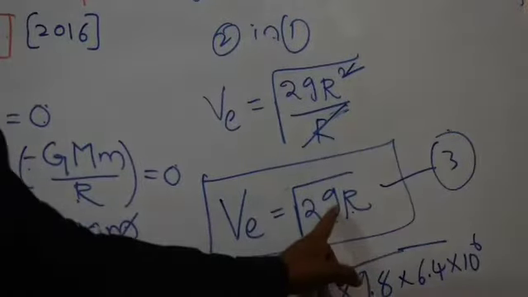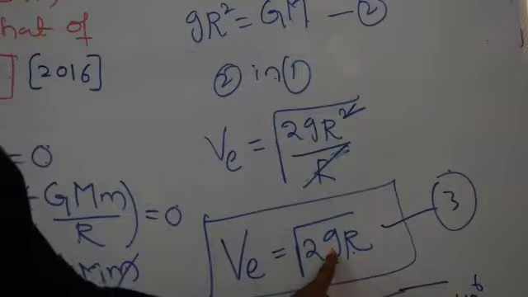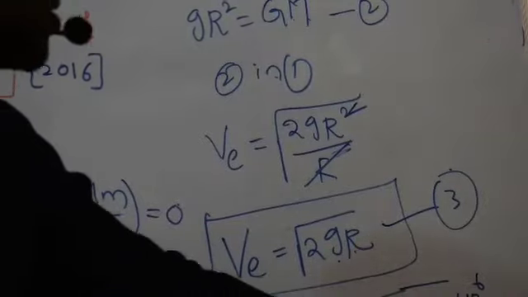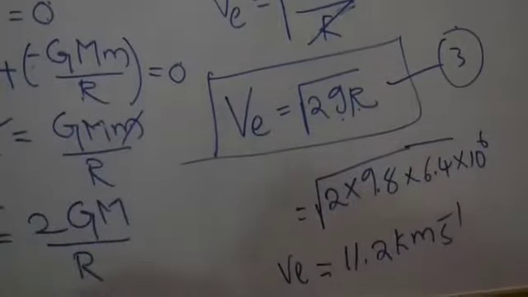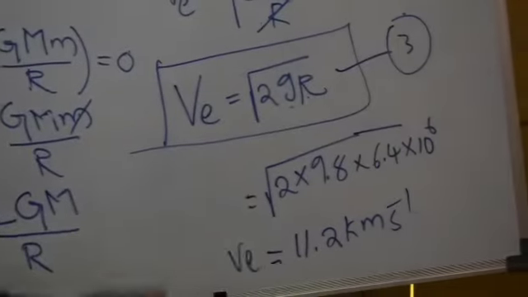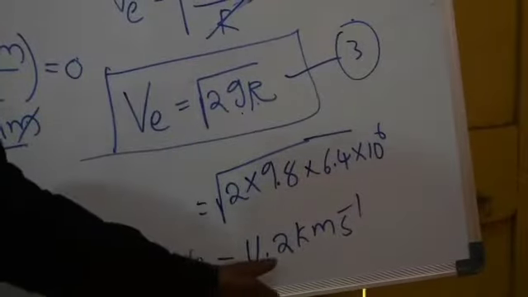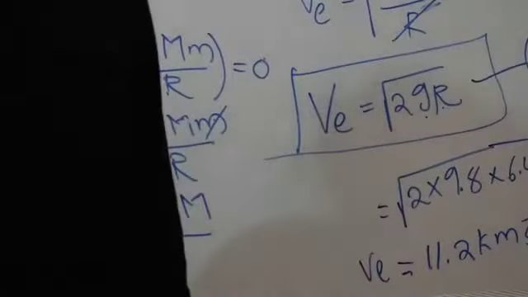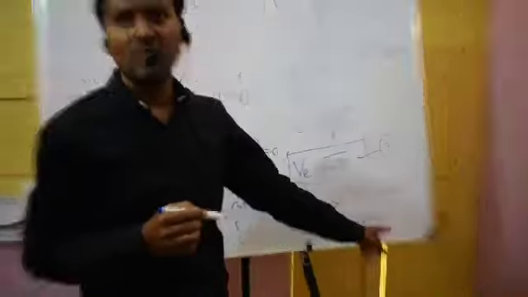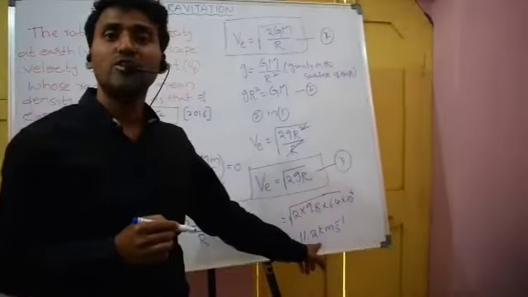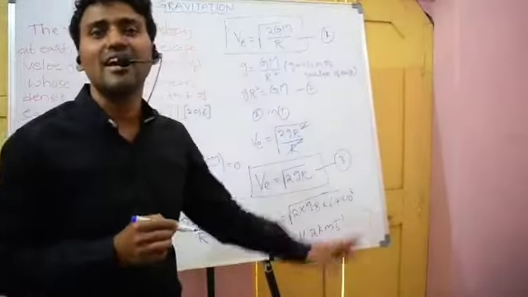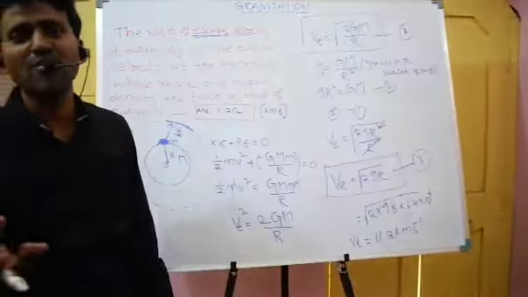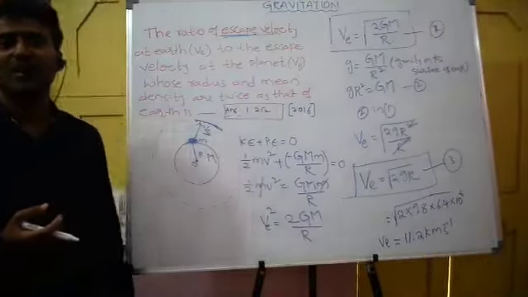If I substitute gravity on the surface of the earth and R, the radius of the earth, we get the escape velocity of the object on the surface of the earth, which is 11.2 km per second. For the object to escape from the gravitational field of the earth, it must start with a velocity of 11.2 km per second. Only at that time can it escape from the gravitational field of the earth.